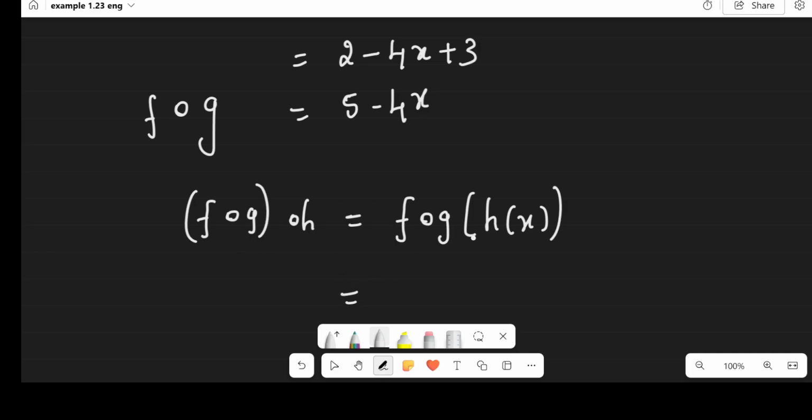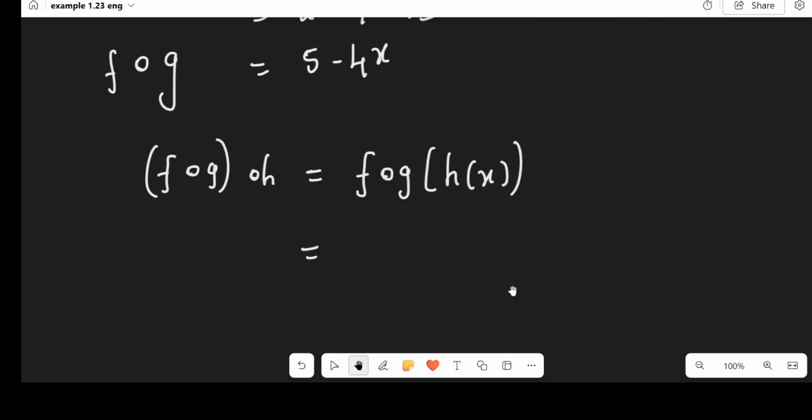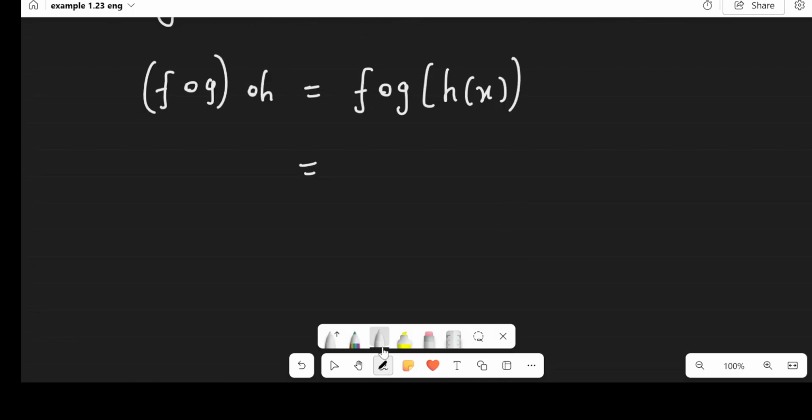So now I should apply the value of h of x. What is h of x here? That is given in the question. H of x is 3x, right? So f of g into 3x. Then the next rule is we should apply the value 3x in place of x in the f of g formula.